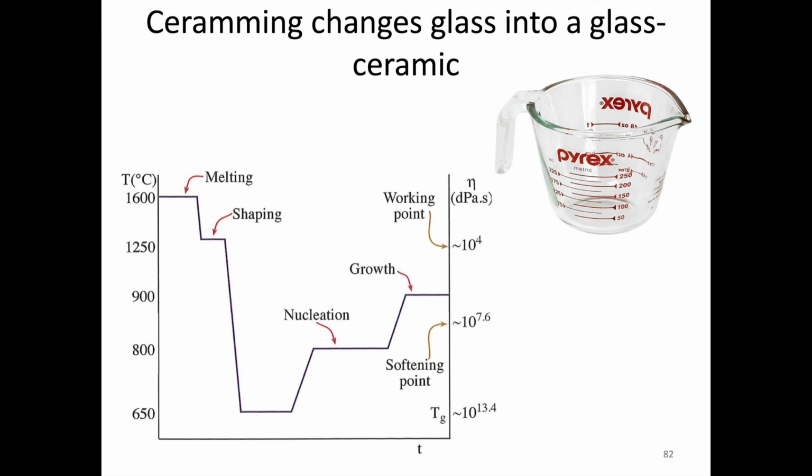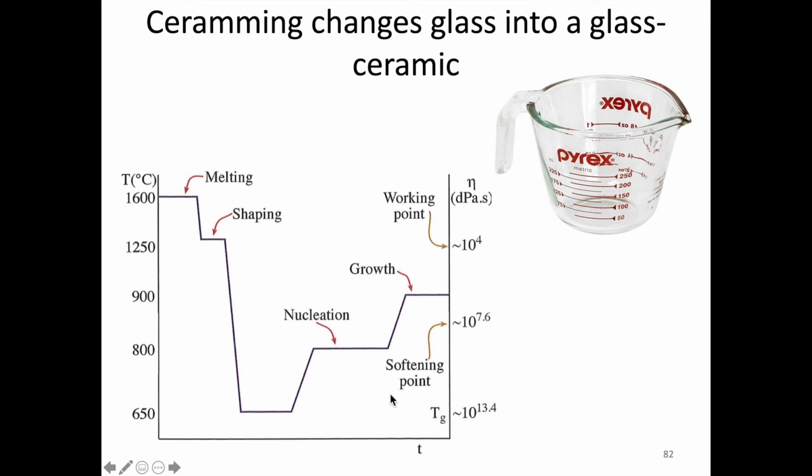That's how we form and shape glasses. However, we go through an additional thermal cycle where we heat it back up to some temperature, and you can see the softening point somewhere around here. We heat it up high enough that crystals of this material can form and nucleate. Then sometimes we'll even heat it up again from there to allow those nuclei, or embryos, to grow.